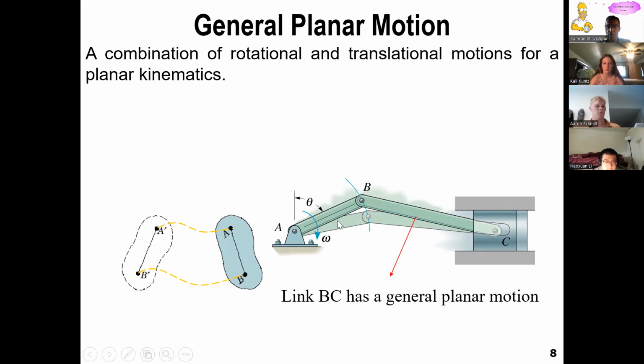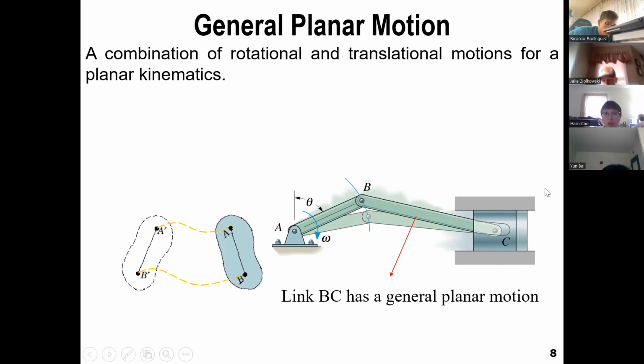Link AB, link BC, and piston C. What kind of motion does piston C have? I think it's translational motion. Translational motion and it is rectilinear, right? Yes. What kind of motion does link AB have? It's a rotational motion. Rotation, because it rotates about fixed point A.